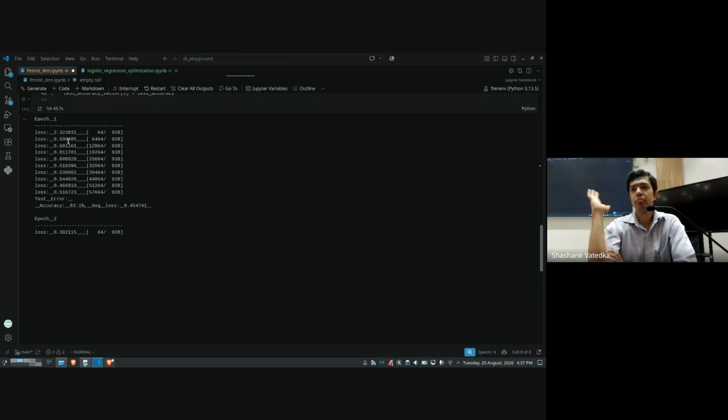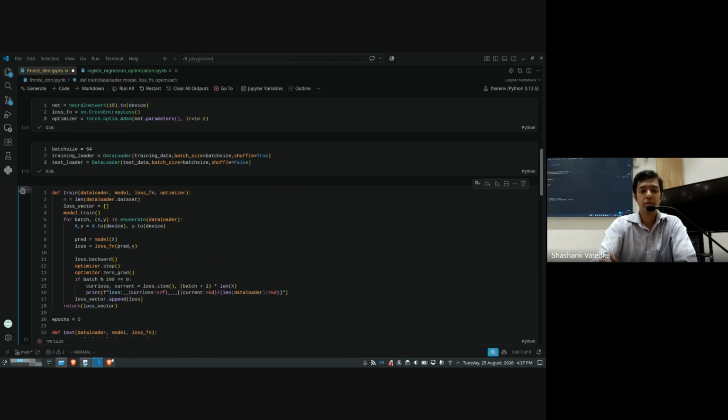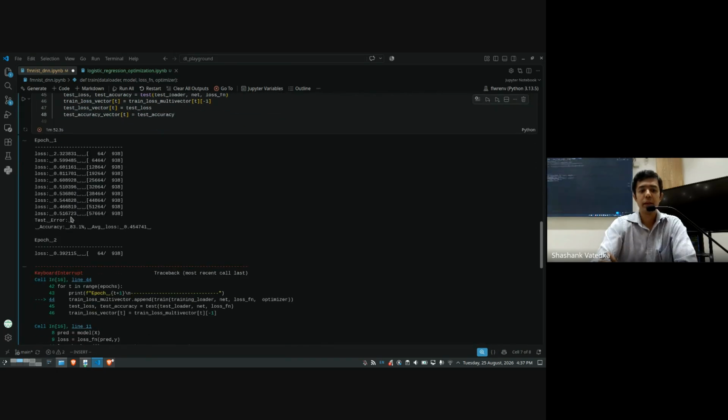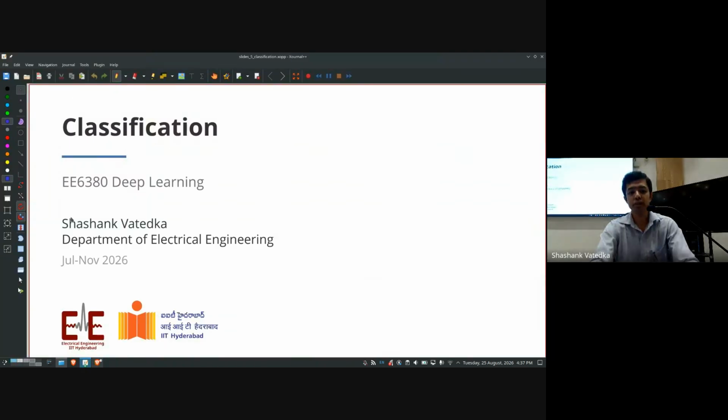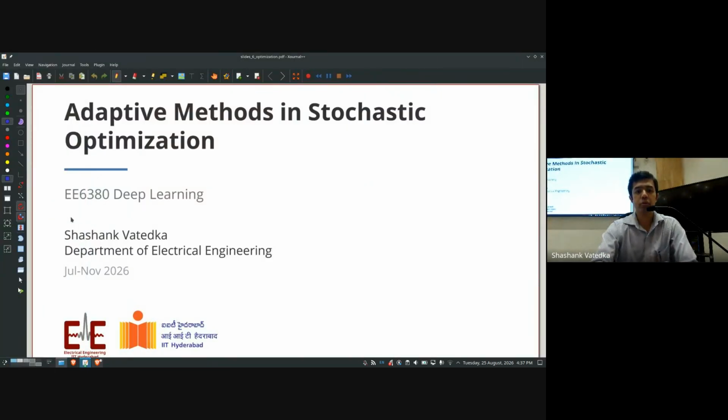Accuracy is still roughly the same, 83%. Although I've changed the learning rate quite a bit, the accuracy has not changed significantly. So in some sense, it's slightly more robust to the choice of learning rate than gradient descent or stochastic gradient descent. Let's look at some of these algorithms for optimization. That's going to be the agenda for this lecture and the next.